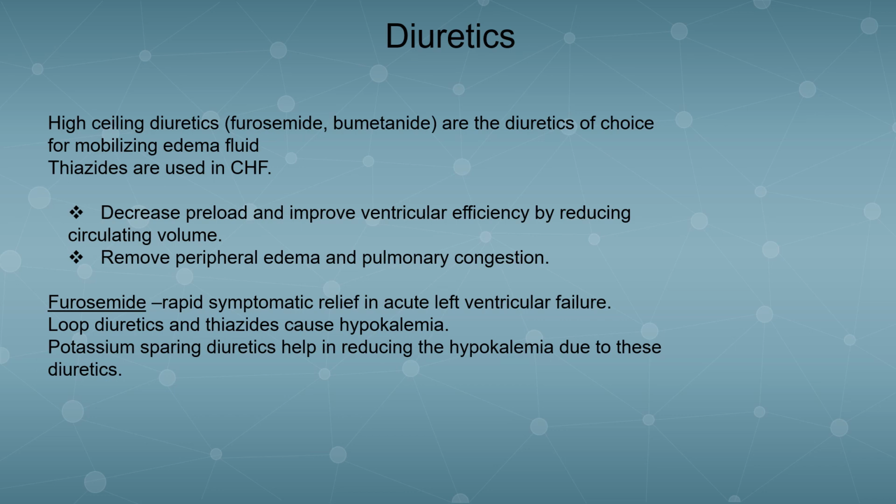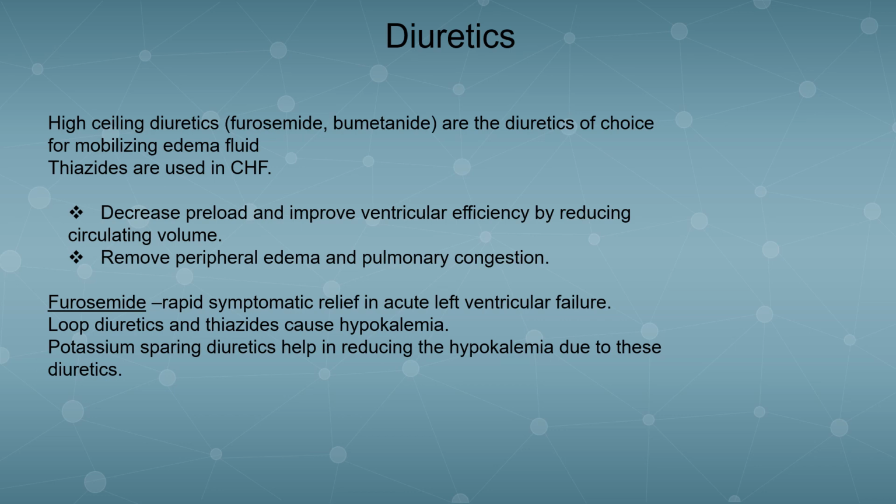There are various classes of diuretics. You have high ceiling diuretics, thiazides, and potassium sparing diuretics. High ceiling diuretics like furosemide, bumetanide are the diuretics of choice for mobilizing edema fluid. There are also thiazides which are used in congestive heart failure.